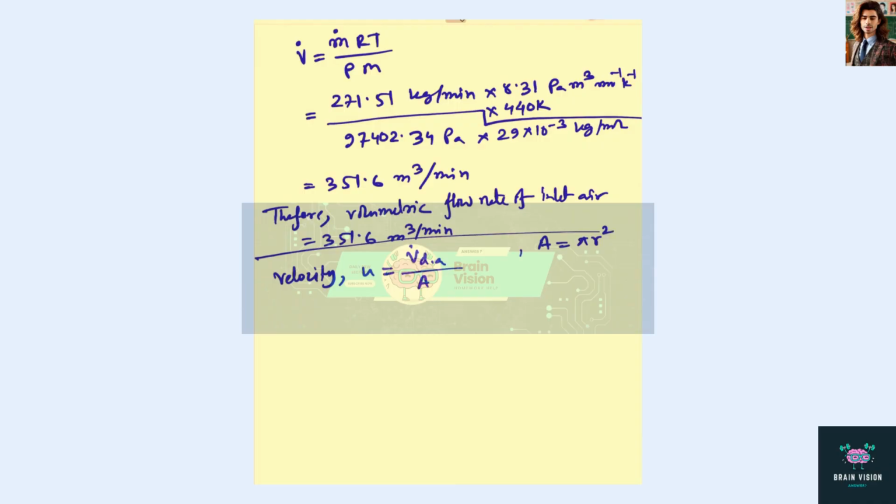We know area is equal to pi r square, or pi times diameter by 2 square. We can insert this value, 351.6 meter cube per minute, and here we can write pi d by 2 square.